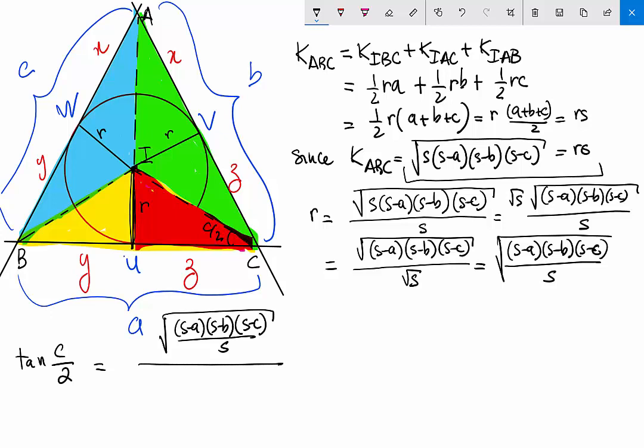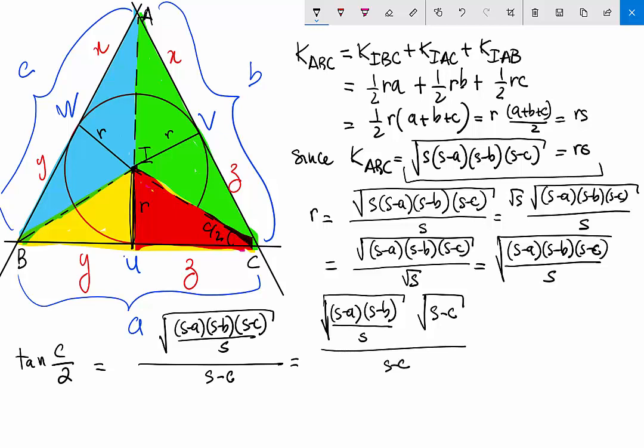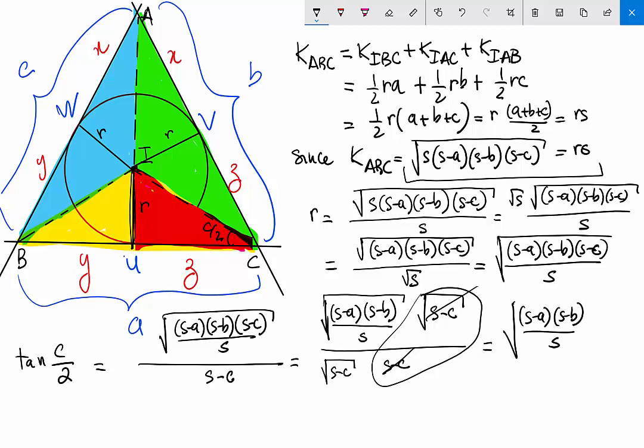And UC, as we saw, is S minus C. So we can write this as the square root of (S minus A)(S minus B) over S, times the square root of S minus C, over S minus C. Now we can simplify the denominator and we get the square root of S minus C. This gives us the square root of (S minus A)(S minus B) over S, times 1 over the square root of S minus C, and then we can put everything under the same radical, giving (S minus A)(S minus B) over S times (S minus C).